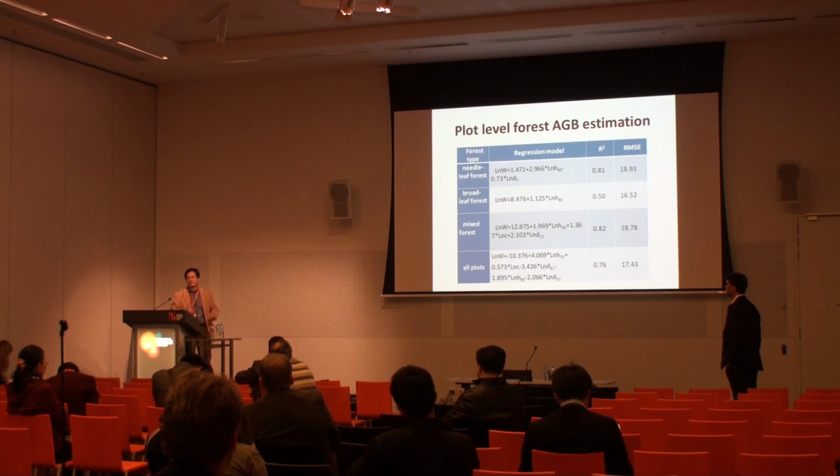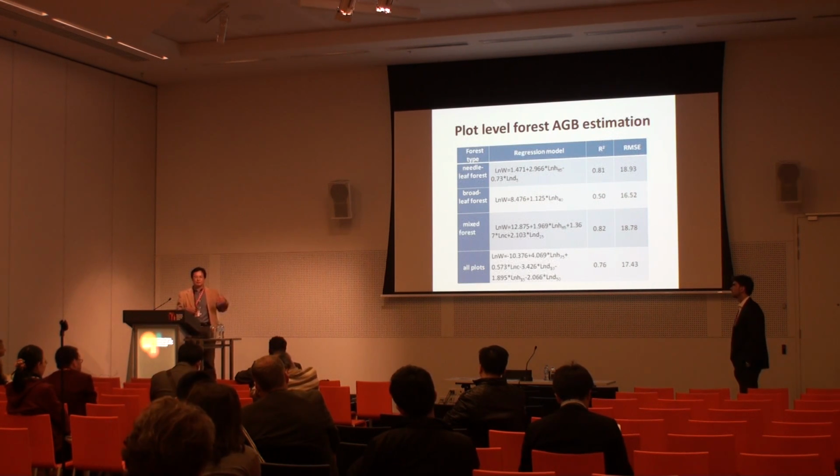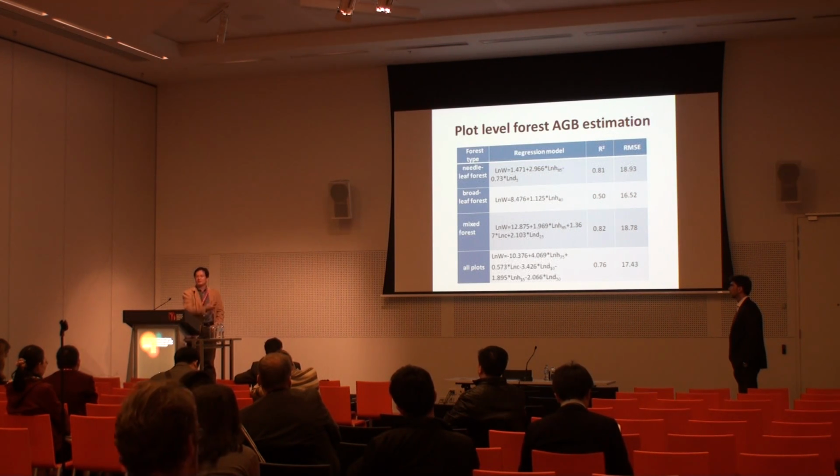We don't use the forest types. But when we train the model for the continuous map, we try to build the model for different forest types. That means maybe for the broadleaf and the needleleaf, they use some different models.